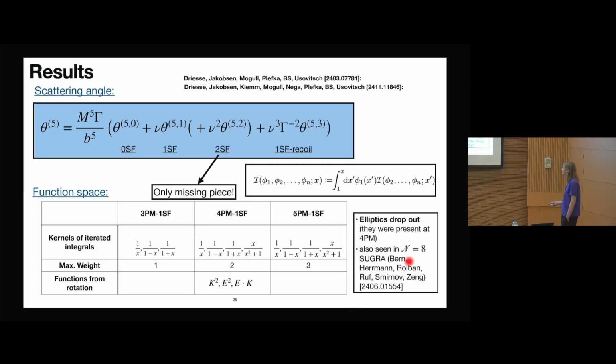But the elliptics which appeared in our integrals suddenly drop out because they appear at an order epsilon too high. So something is going on there. The same effect was also seen in the 5PM calculation in N=8 supergravity. And it is interesting to understand what causes this. So we are not sure yet.